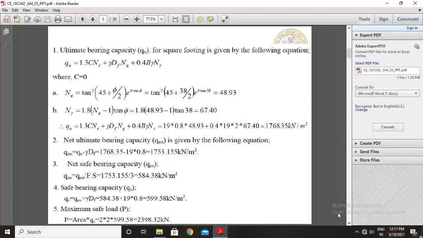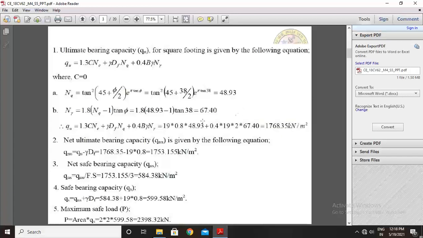Then you determine the bearing capacity factor Nq equal to tan square of (45 plus phi by 2) into e raised to pi tan phi. Now substitute the values in this empirical equation, phi is 38. Now you solve this equation. While solving, we are getting Nq is 48.93.